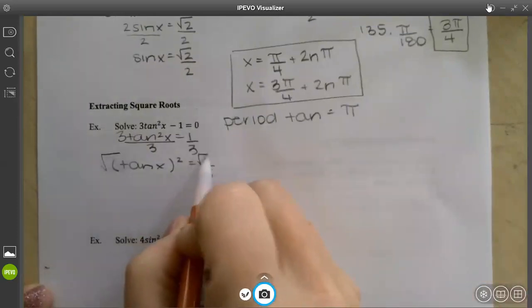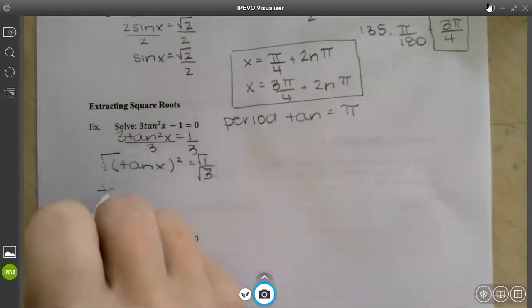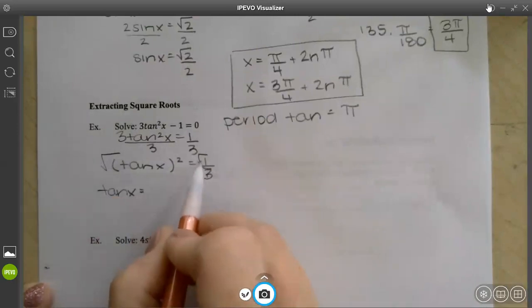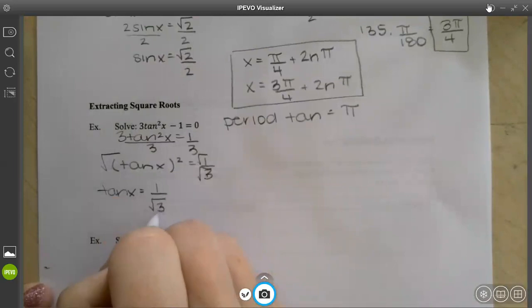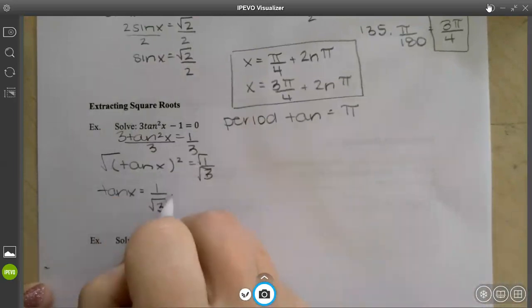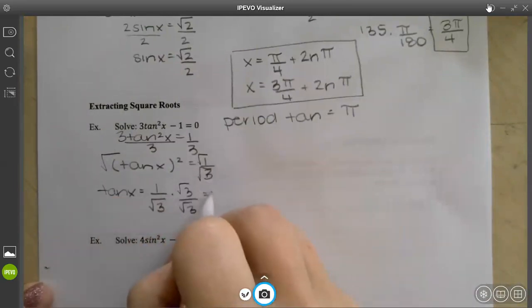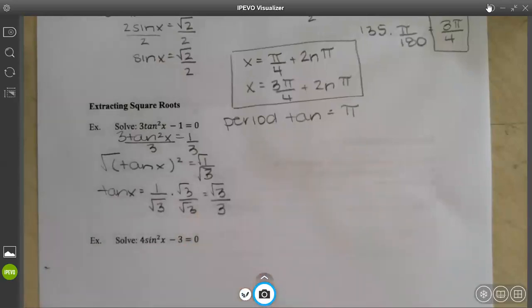When I square root a fraction, I square root the top and the bottom. That gives me that tan equals, what's your square root of 1? Can I have a square root of 3 in the bottom? So what do I do? Which gives you square root of 3 over 3.